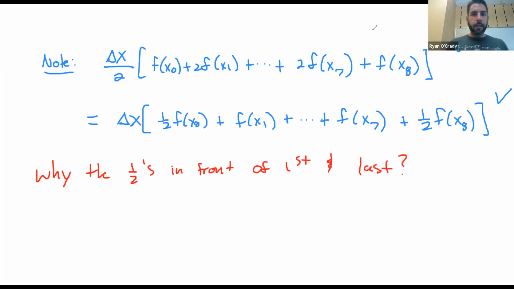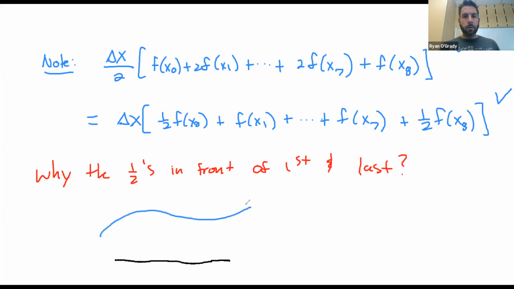Well, just look at the case with 4. Look at the case with even just 2 trapezoids. So let's say this is the point A, B, and now let's just say we're going to use 2 trapezoids.